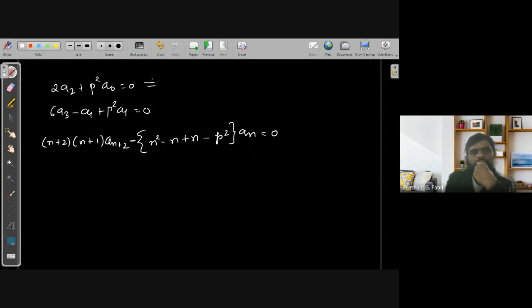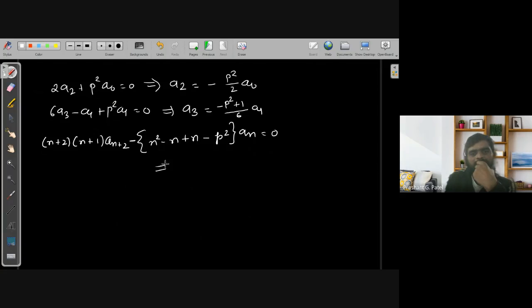So this implies a2 will be minus of p square by 2 a0. This implies a3 will be, we just take out this a1, so it is p square minus 1, that is minus of p square minus 1 upon 6 a1.